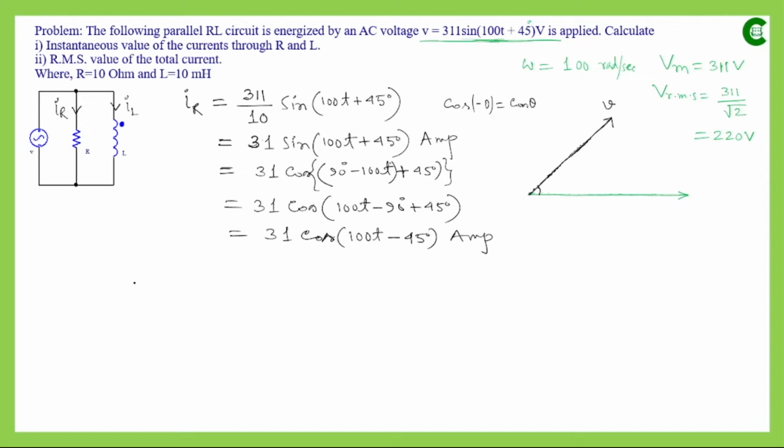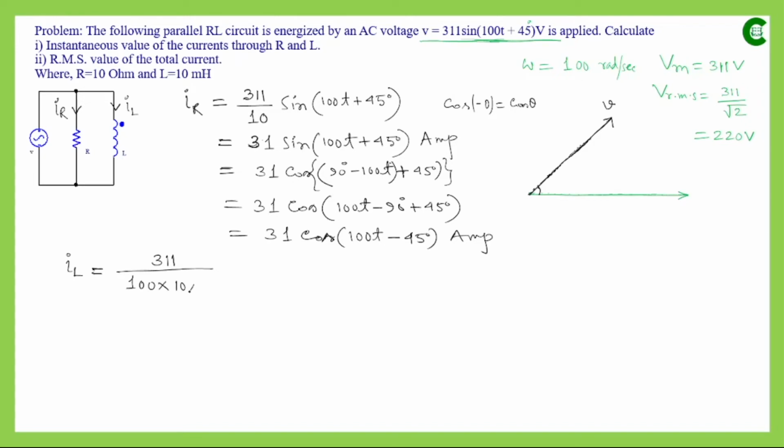Otherwise sinusoidal is sufficient. Now next we will calculate the instantaneous current value which flows through the inductor, and we have already seen that the formula is Vm divided by omega L. The omega value here we get directly from the expression of the voltage, and that is 100, and L is 10 millihenry.